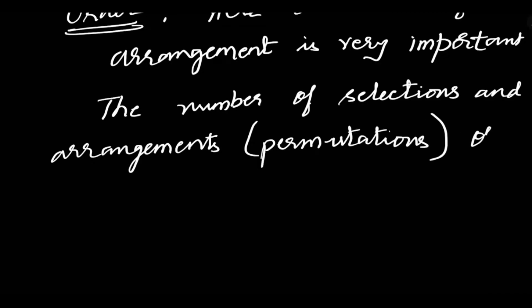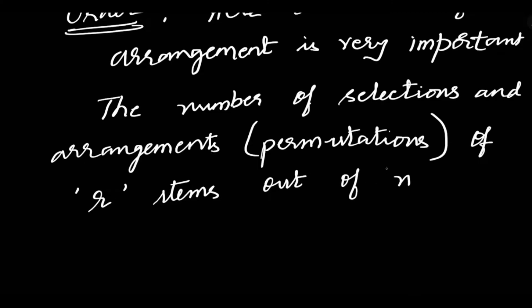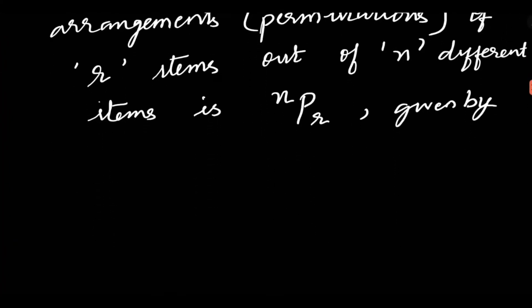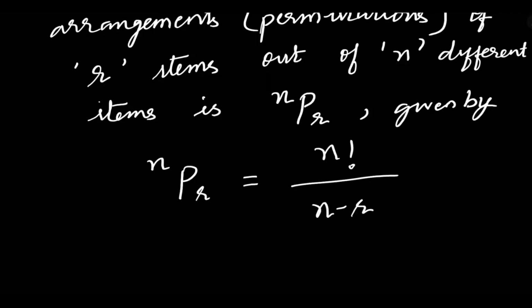of r items out of n different items is represented in the form nPr, and it's given by nPr is equal to n factorial divided by (n minus r) the whole factorial.